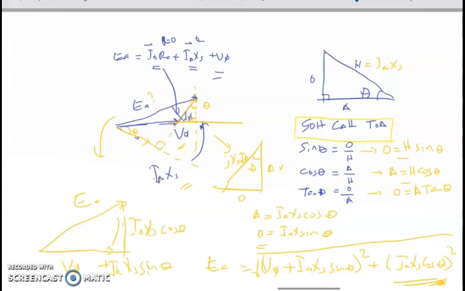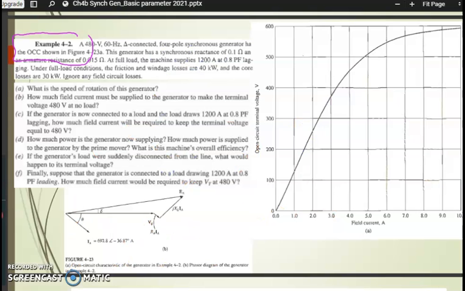So let's proceed back with our example 4.2 here. What is the speed of the rotation of this generator? If you calculate the speed, electrical speed is equal to 120 F divided by the number of poles.